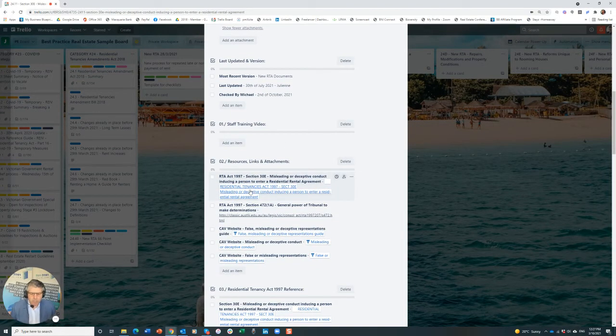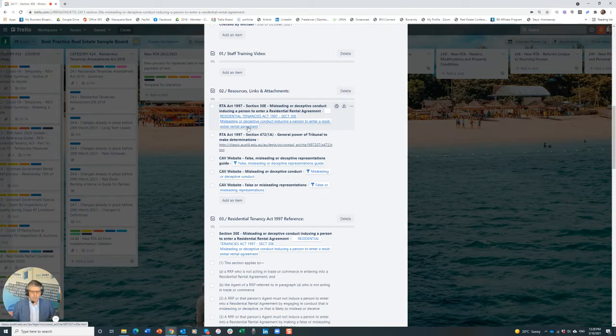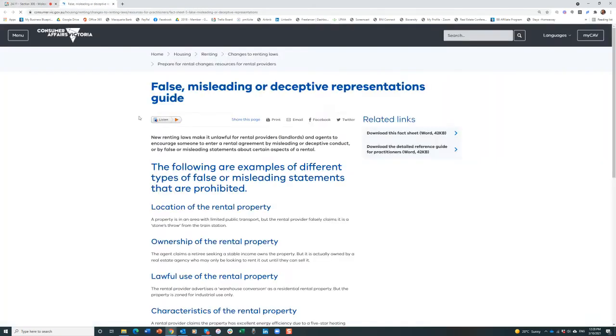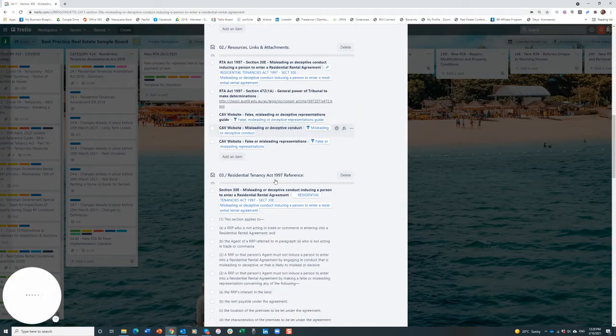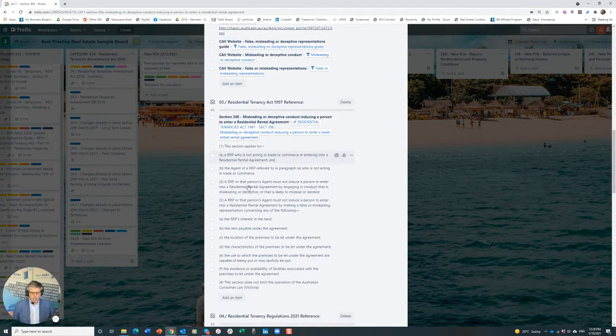So we've got the links sitting inside of here with regards to the different sections of the Act, 30E, 47 and 21, and the fact sheets and the guide. If we click straight onto these, it'll take you straight through to the Consumer Affairs websites.